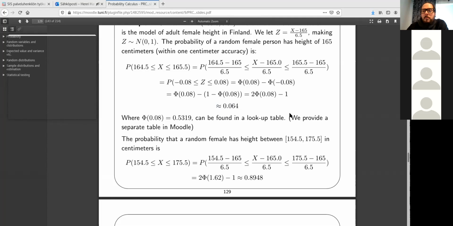So most people will be taller or shorter. The probability that they're between 154 and 175 is far higher, about 90%, or 89.5% chance that they are within about 11 centimeters range around the average height.